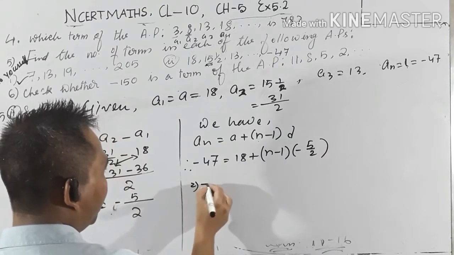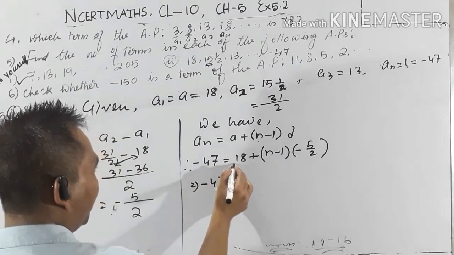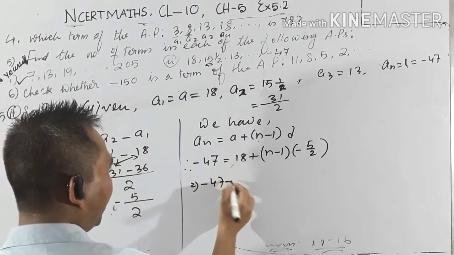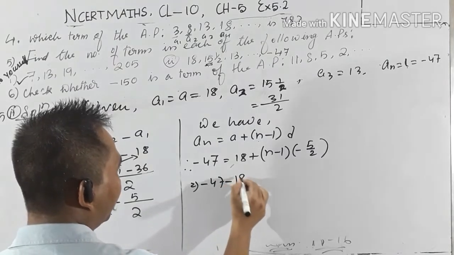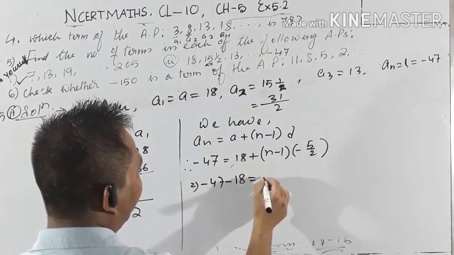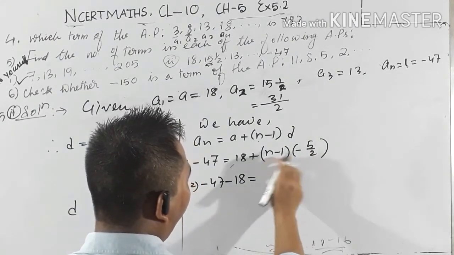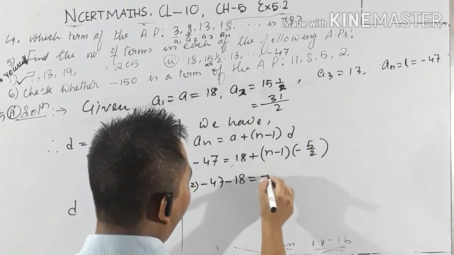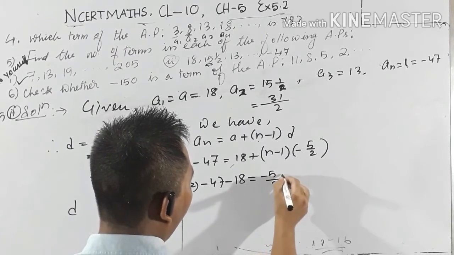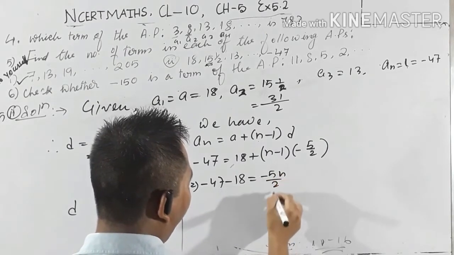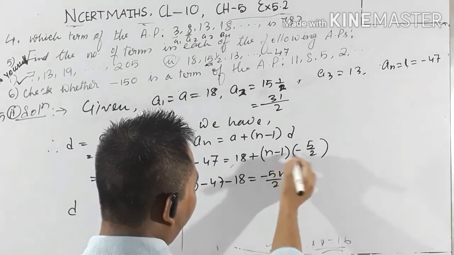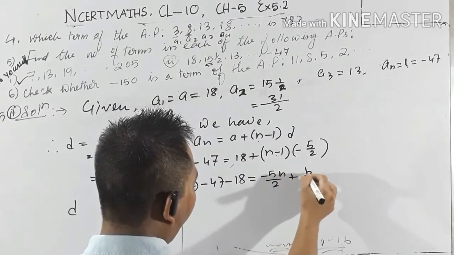Let us transpose it. Minus 47 on transposing will occupy the place of minus. So minus 18 equals what? n into minus 5 by 2. That means minus 5n upon 2, and then minus and minus plus, so it will be 5 by 2.